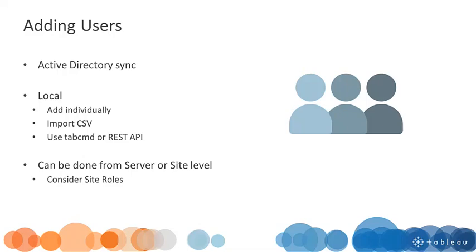If you're using local authentication, you can add users individually, which might be useful in one-off cases or, say, for a test environment. You can import a CSV of users and their information, or you can use tabcmd or the REST API to automate that process. Adding users can be done from both the server or the site level.